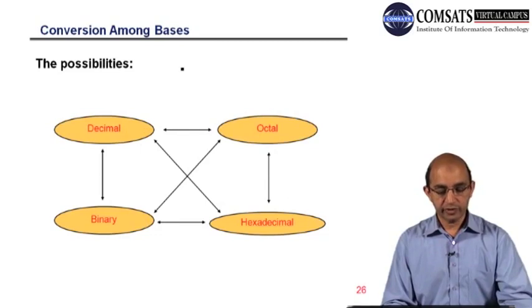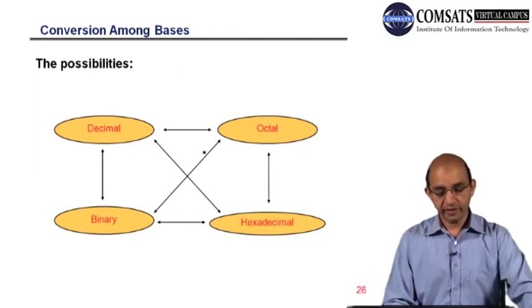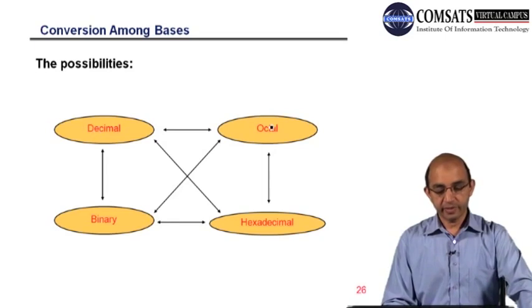We don't have any machine or circuitry that is designed on the basis of the hexadecimal number system. You can see that we have arrows everywhere. You can go from decimal to binary, from decimal to octal, octal to hexadecimal, and these are the crosses. If you want to convert a binary number to an octal, yes. Hexadecimal to decimal, yes.